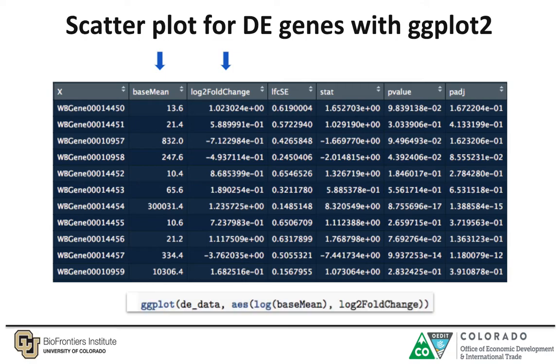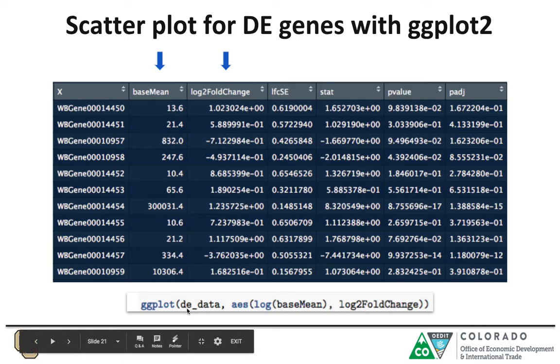To do so, we supply ggplot with the dataset, and we do so by saying ggplot, and in parentheses the data frame that we're working with, which is de_data, and the aesthetics, where we specify that our x-axis will be the log average expression and our y-axis will be the log2 fold change.